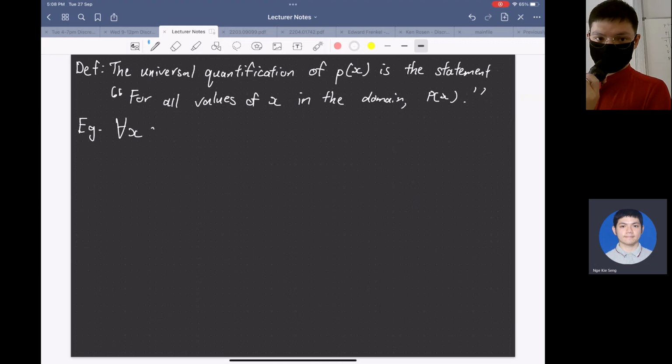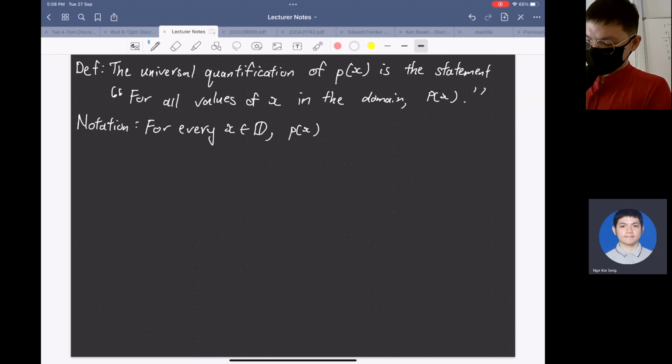Let me move this example down. So let me introduce notation first so that we can write it faster. Sometimes we will use for every, and then the D, I draw like this, P(x).